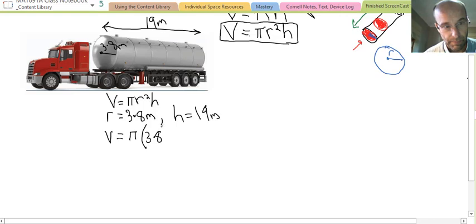So we have, substituting in R for 3.8, and that's squared, and times 19.